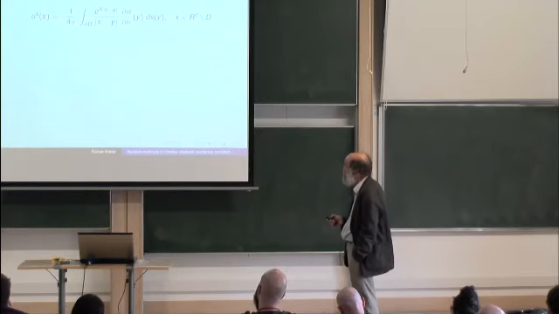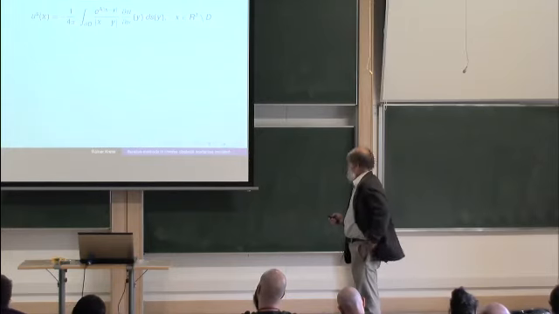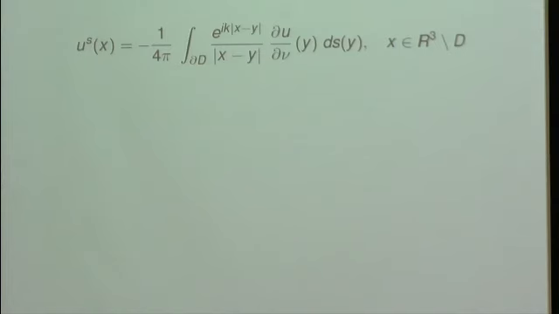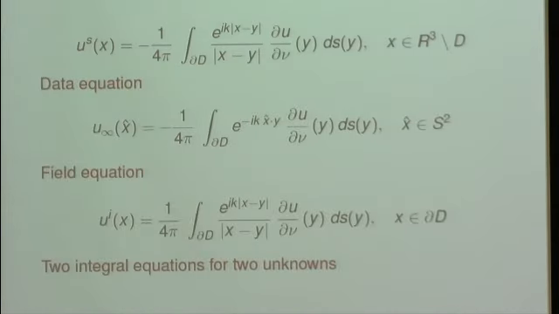So this holds for all points x outside the scatterer, and if we pass to the far field, we obtain this far field for the observation direction. So this is basically the far field of this fundamental solution to the Helmholtz equation.